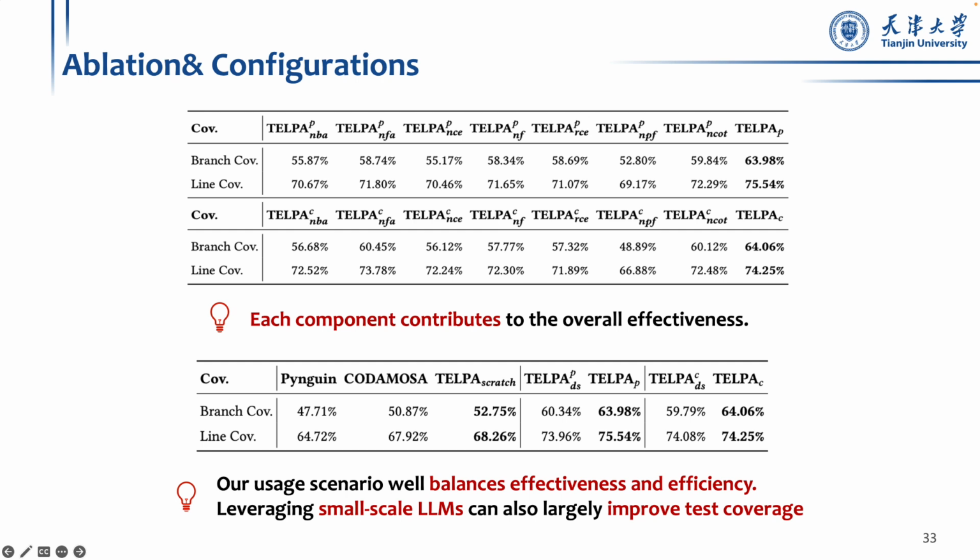The results demonstrate that applying TELPA to easy-to-cover branches is not recommended due to the non-negligible time required by LLMs, and leveraging small-scale LLMs in TELPA can also largely improve test coverage. By increasing the LLM scale, the effectiveness can be further improved.